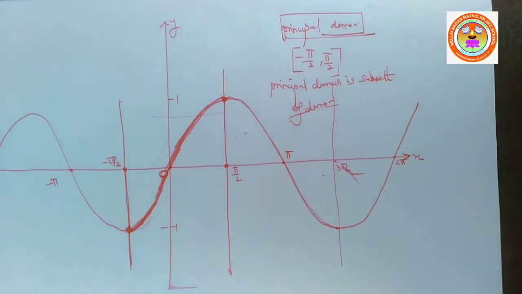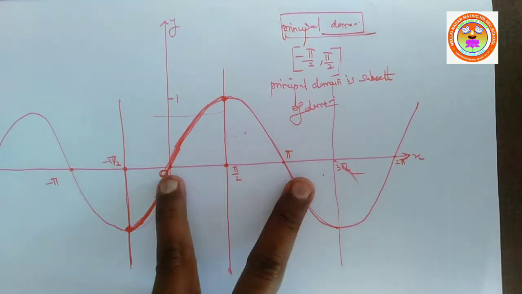I have given a detailed description using this. First, I showed how to plot the y equals sin x curve in the graph. I showed some points using the unit circle, plotted them and drew the diagram.